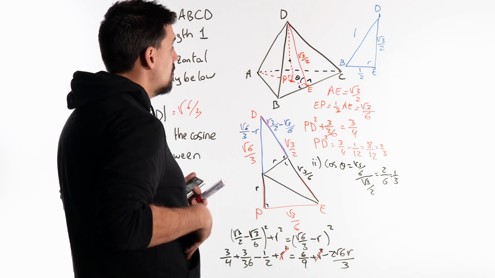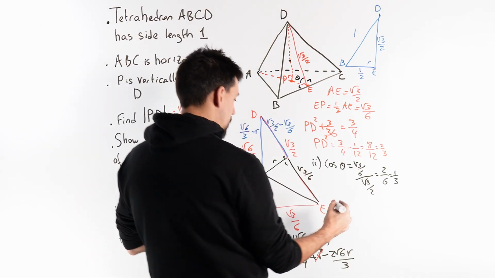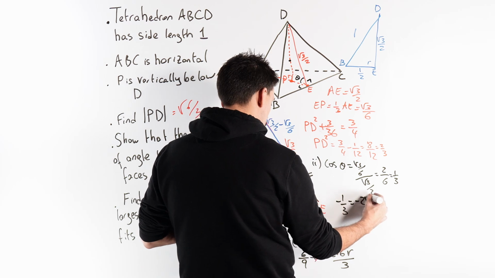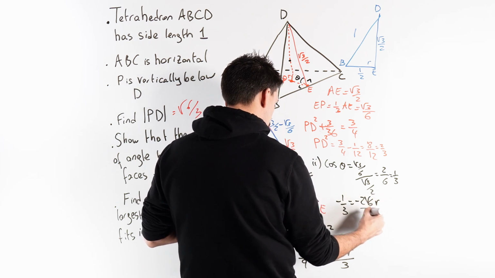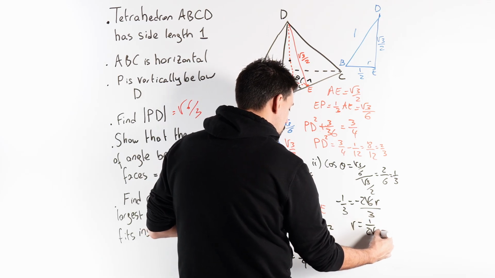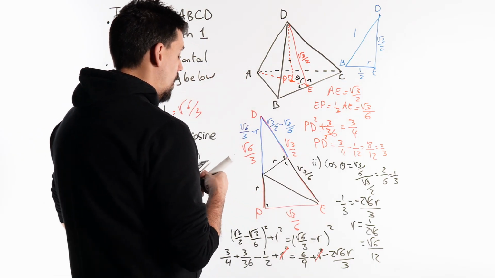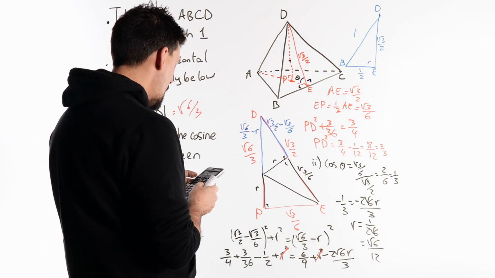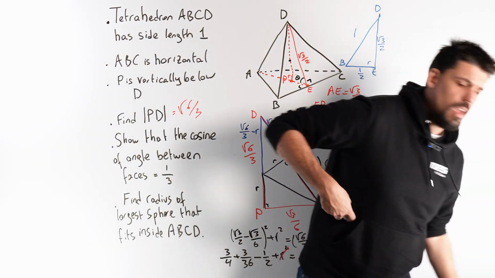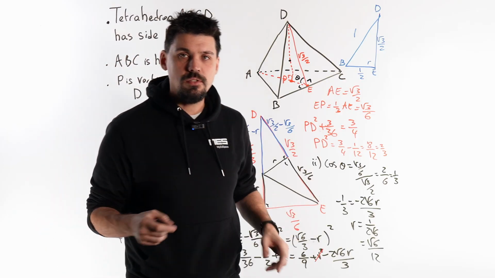So let's finish this up here. So R is 1 over 2 root 6, which is root 6 over 12. So that is the radius of the biggest sphere that can fit inside our tetrahedron. A little bit cramped down there, but you got this. Just go zoom, zoom.